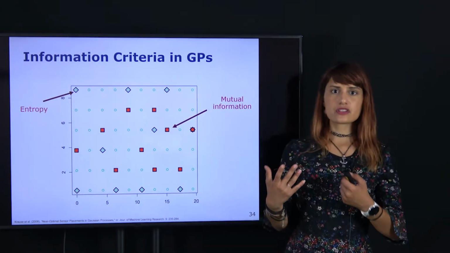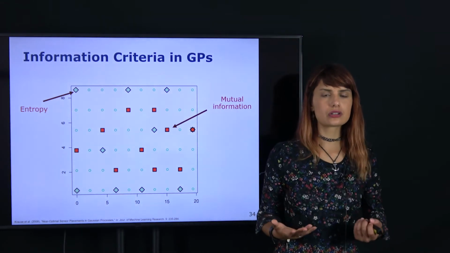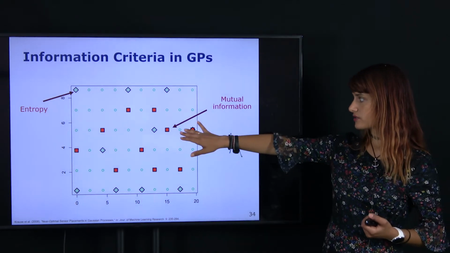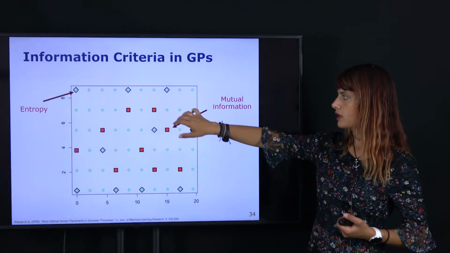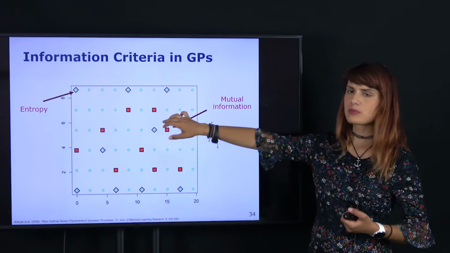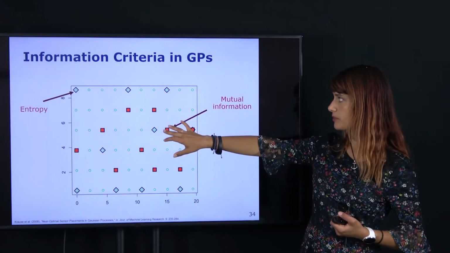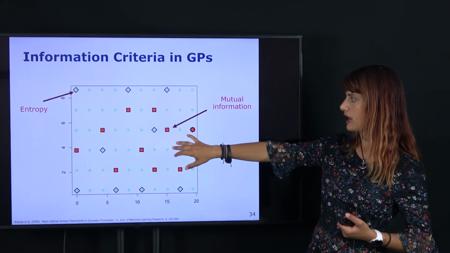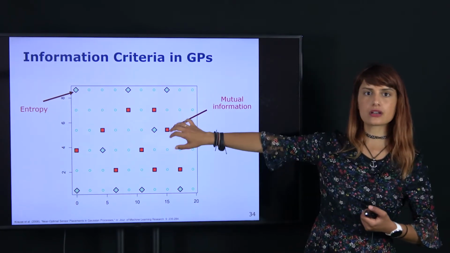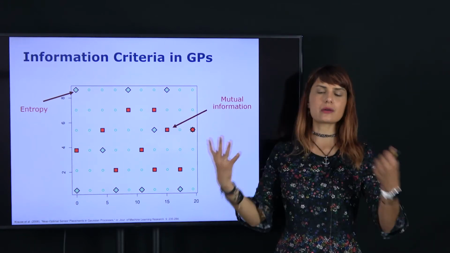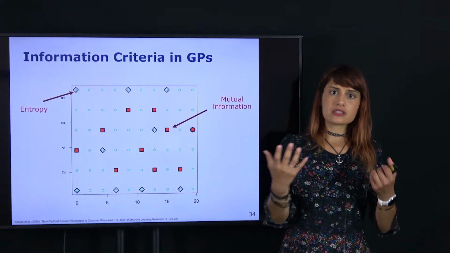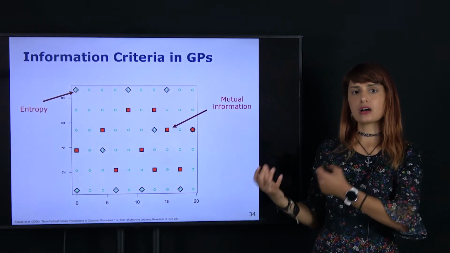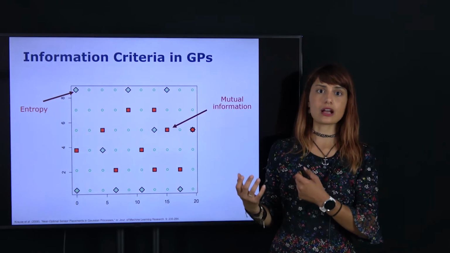Now, by nature of the GPs, because we're using a kernel to capture the spatial correlations, remember that any of these sensors is actually influencing its neighborhood as well. For example, if we take a measurement at this location in the red square, then we can infer something about the area around it because the kernel allows us to capture smoothness.